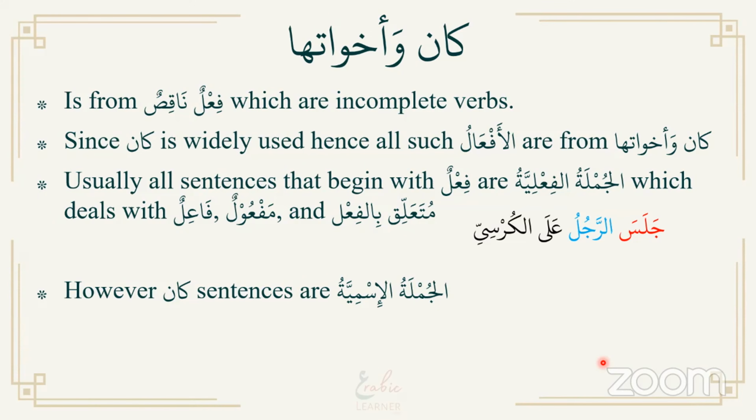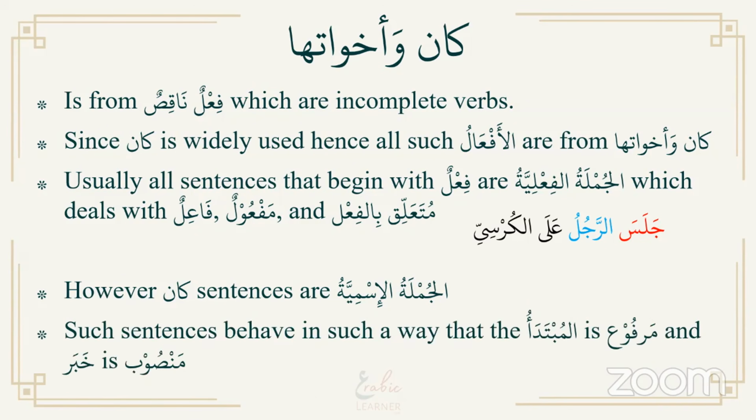Now, when you are talking about jumla ismiya, the first thing that comes to your mind is al-mubtada wal-khabar. So when kana sentences behave like jumla ismiya, there should be some mubtada and some khabar in those sentences.